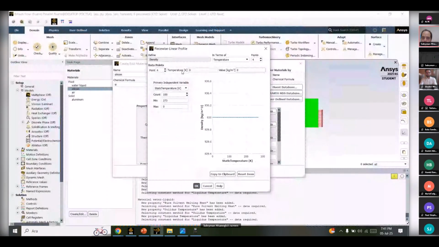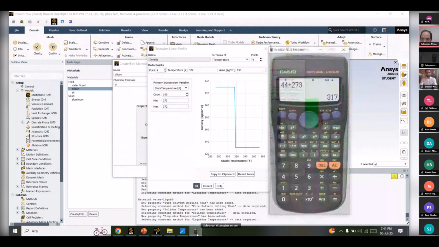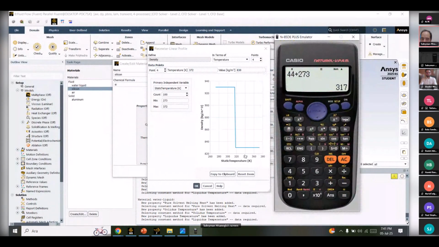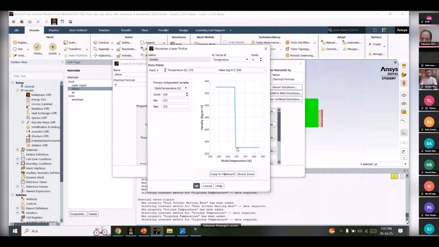And 0.4 is not important, anything you can write. This point, 317, is fast change, solidification or melting point, and density is change, solid and liquid density. Okay.